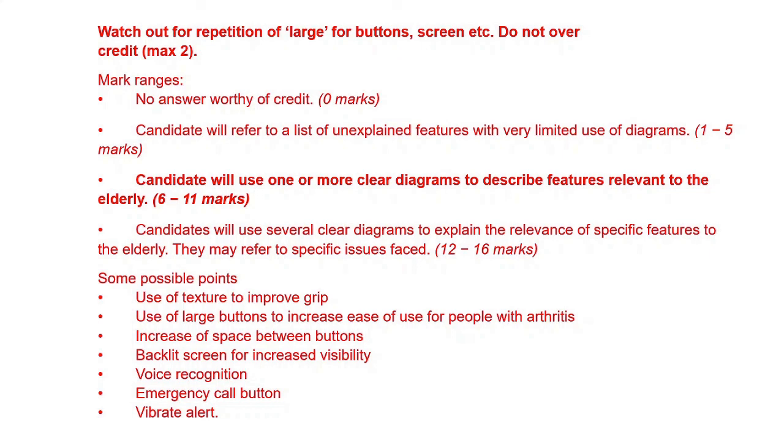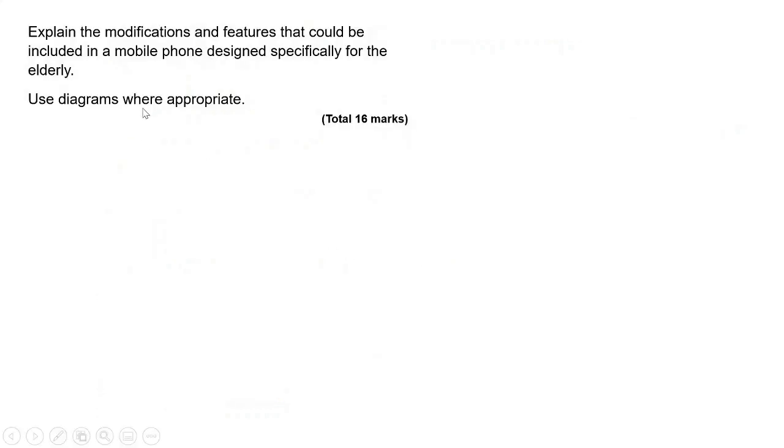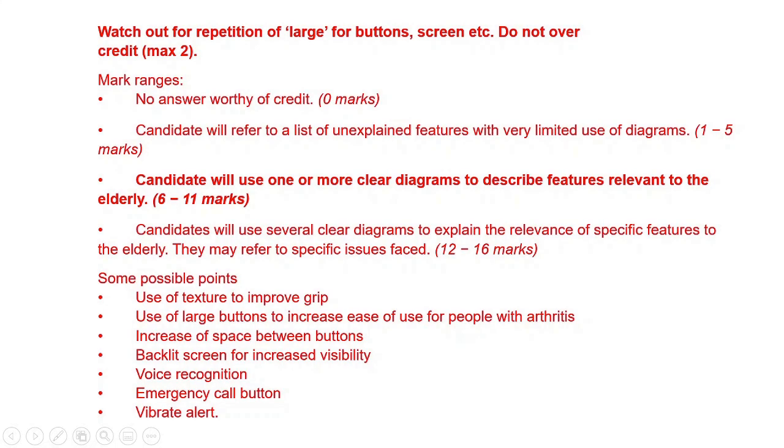So clearly it says diagrams. If you look back to the question, it says use diagrams where appropriate. Remember that if it says use diagrams where appropriate, what it's really saying is use diagrams, okay? If you don't, you're not going to get into the top band, okay?